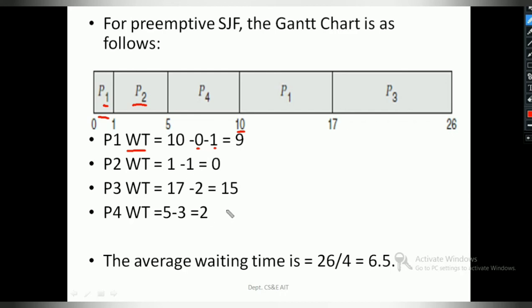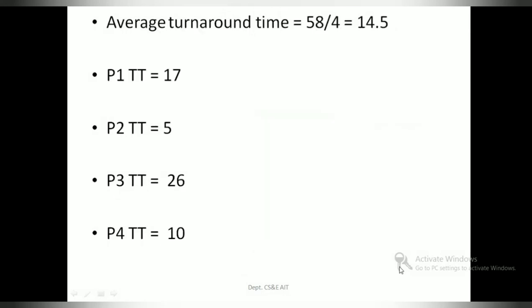I think the other waiting times are quite direct. You only deduct the arrival time. So for this particular snapshot, I have my average waiting time to be 6.5 and the turnaround time to be 14.5.